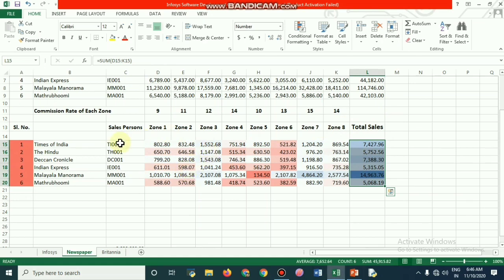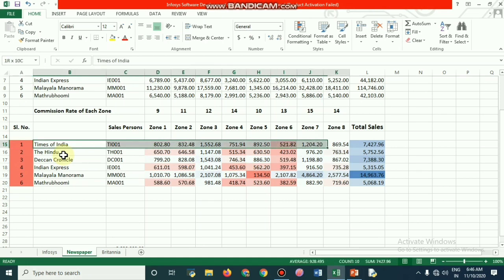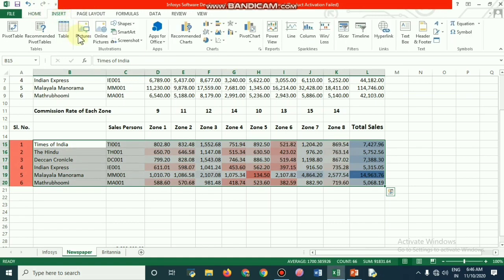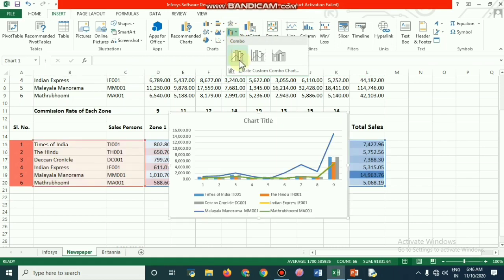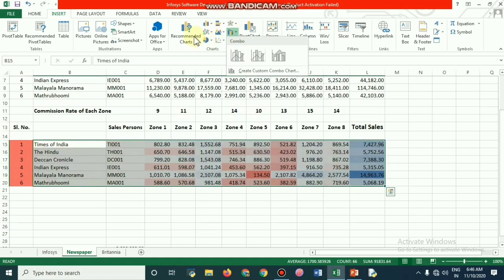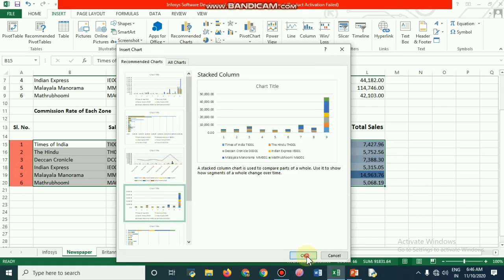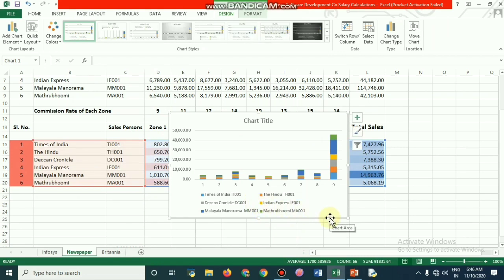You could make charts out of it. Select the area where you want the chart to be, and just insert a chart. Go for chart. What is pivotal charts and charts? Bar chart. The charts come up here.